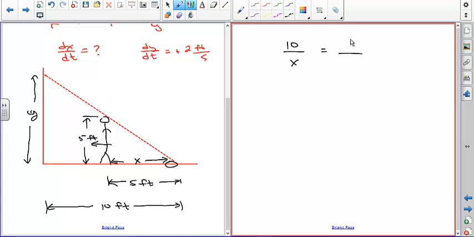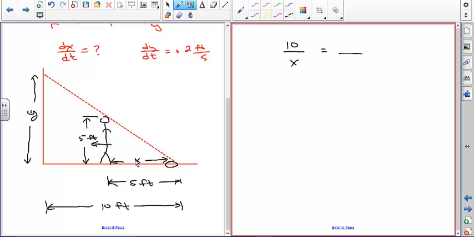Is that right? You're comparing this length to that length. So what you're going to do is compare this triangle to this triangle. You've compared the length of the long side of this triangle to this side of the other triangle. Now we have to compare this side of this triangle to that side of that triangle. You have to look at the corresponding sides.